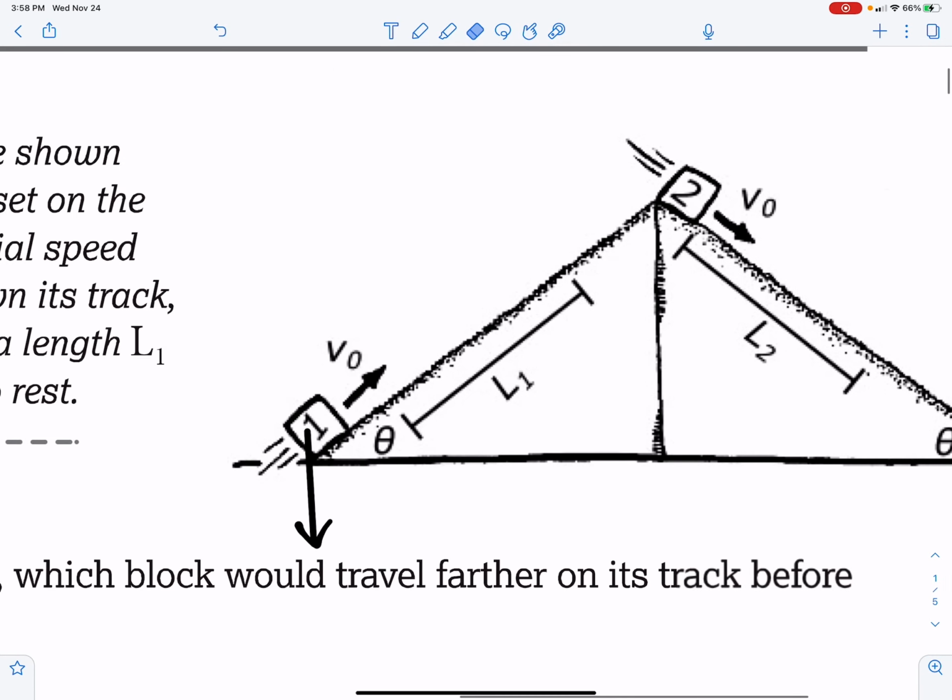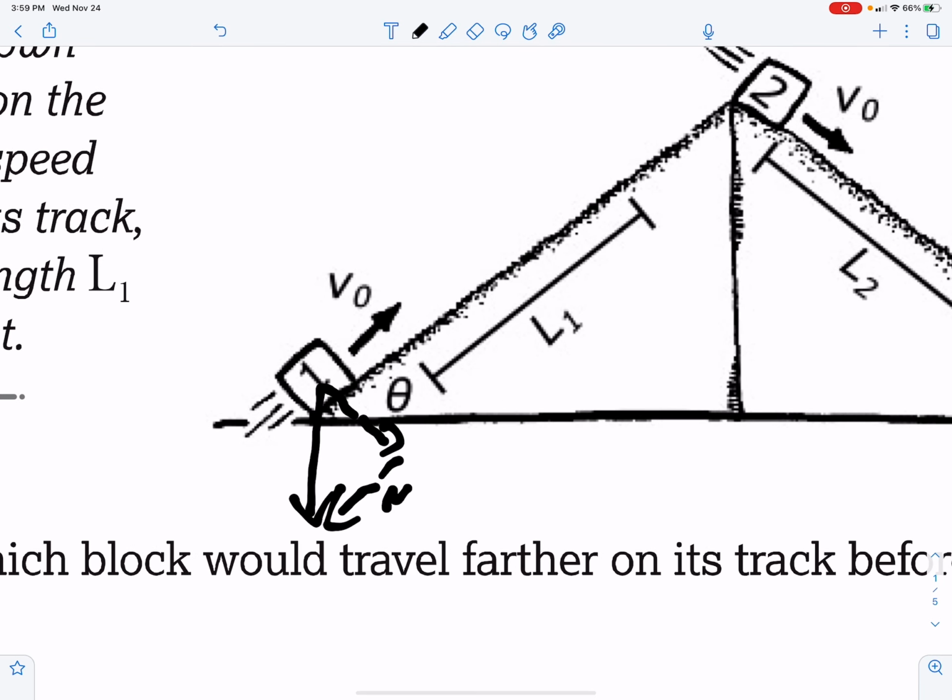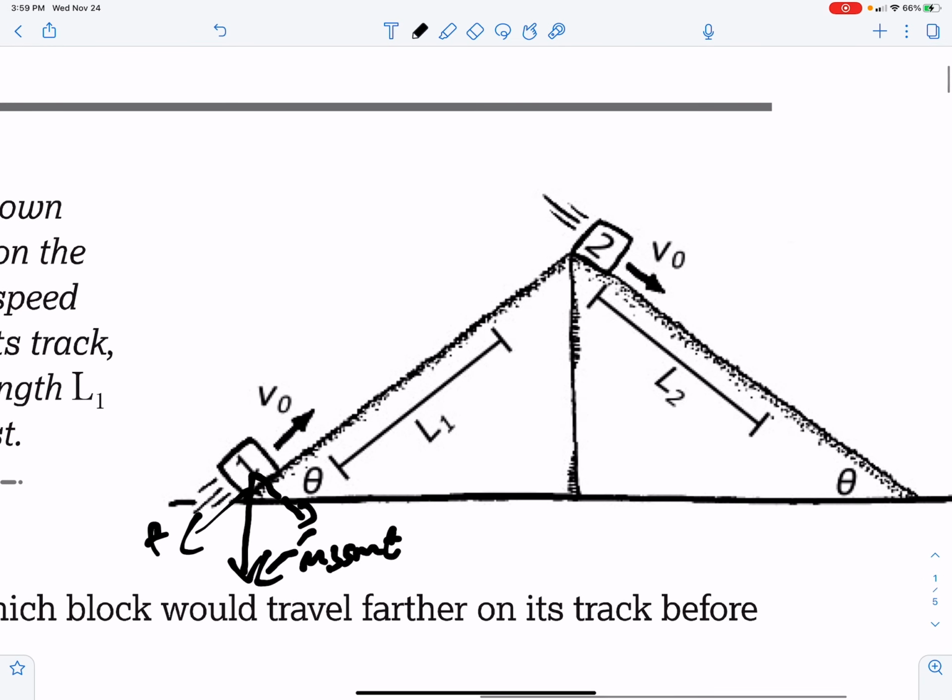If you look at the picture for it, and I'm speaking in terms of a Newton's law approach, but we're going to talk about it from an energy approach shortly. You've got mg sine theta pointing downhill, and you have friction going downhill. You have two forces opposing the motion of block 1 as it goes up the hill.